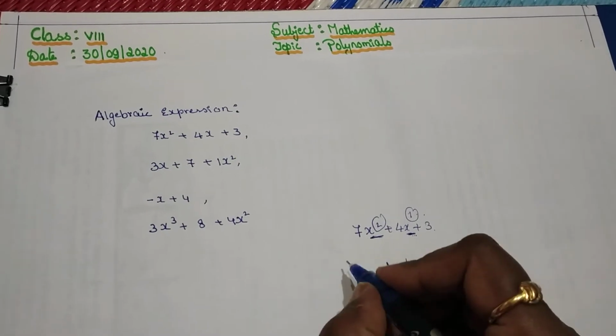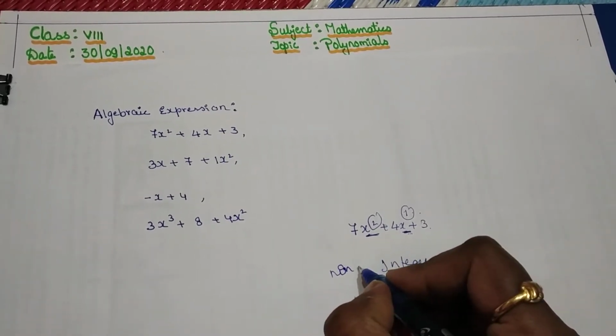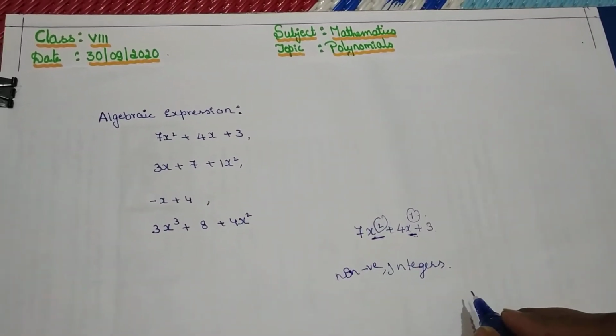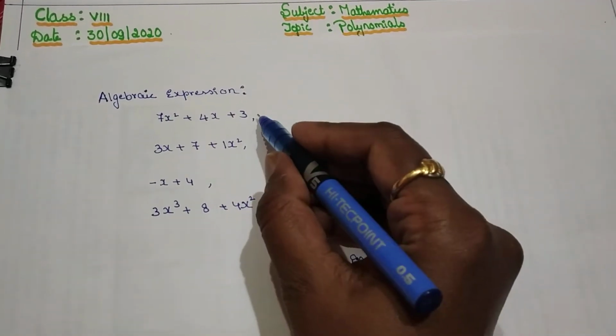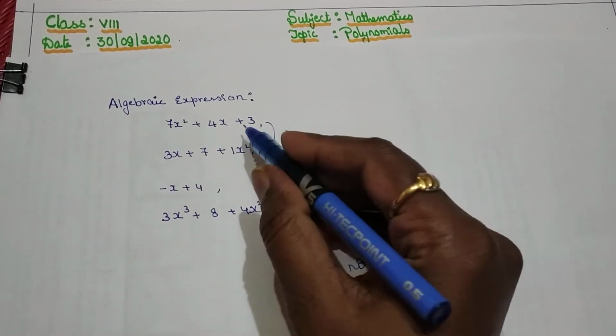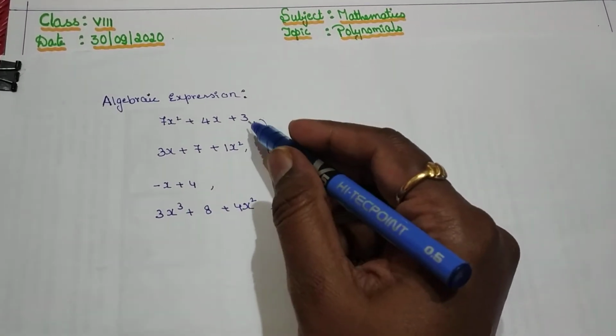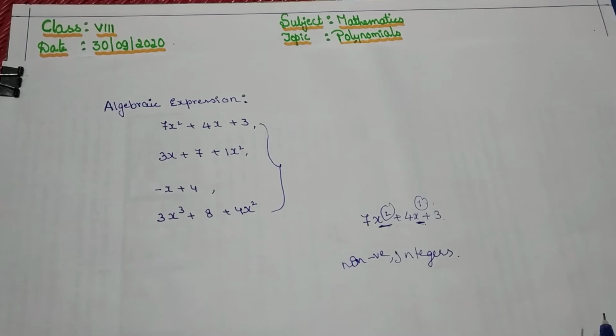But here it should be non-negative integers to be called a polynomial. So these all have powers with non-negative integers. Therefore, these are called polynomials.